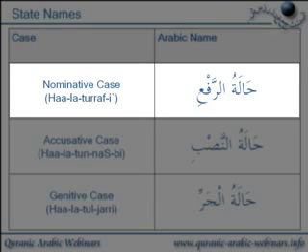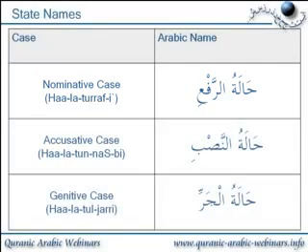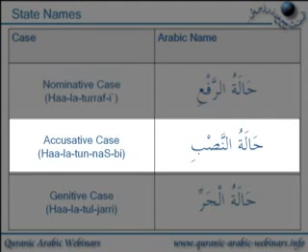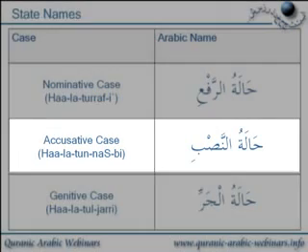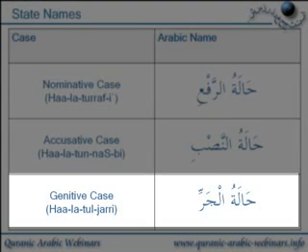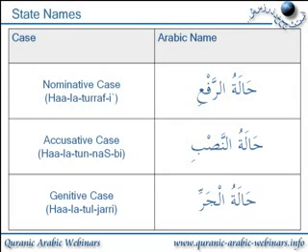And in Arabic they put this word halatu on the front of the actual case to indicate the state. So if you wanted to say this noun is in a nominative state, you can say halatur rafa'. If it's in an accusative state, you can say halatun nasb. And if you want to say genitive state, you can say the noun is in halatul jar. So that's just another way you'll see it written in some grammar books.